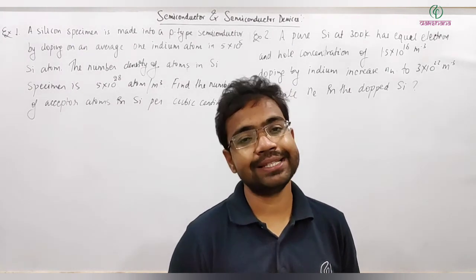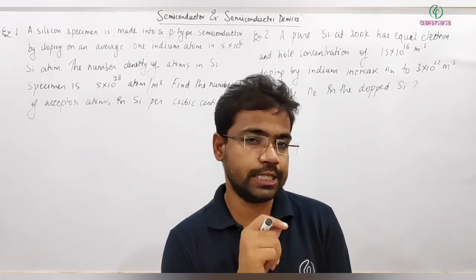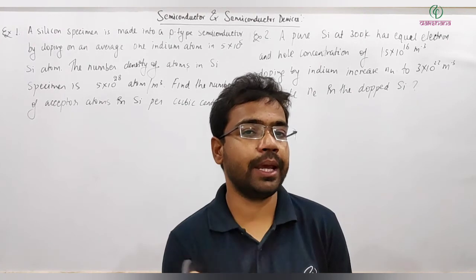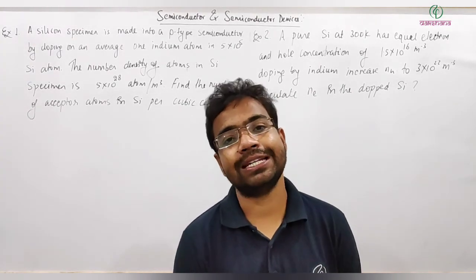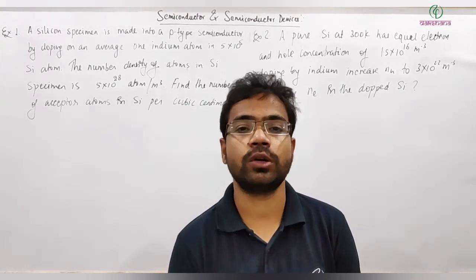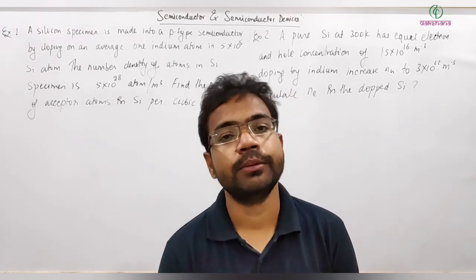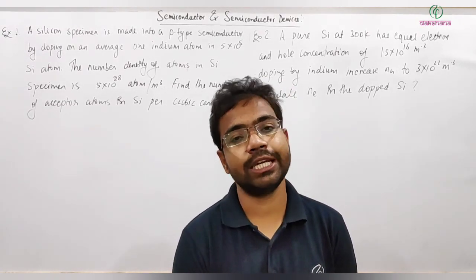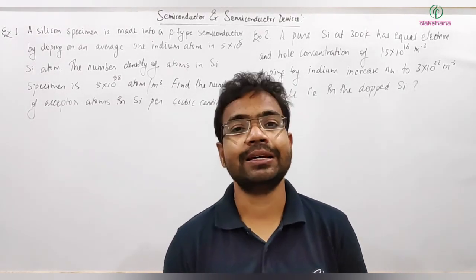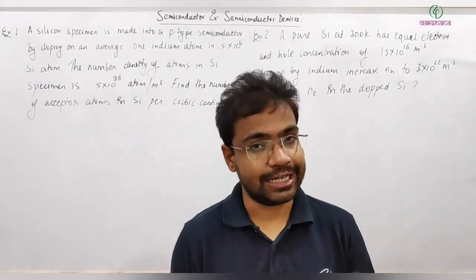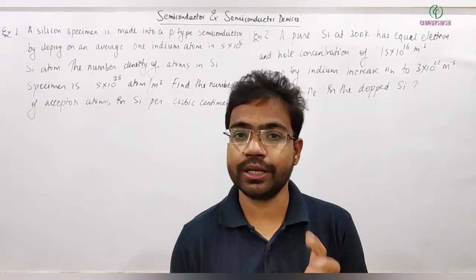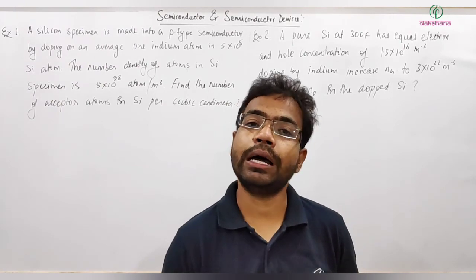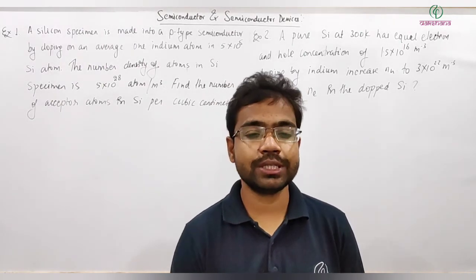But when we add some doping, in that situation this number density gets imbalanced. In the case of n-type, the number density of electrons, the charge carriers, will be much higher compared to holes. In the case of p-type semiconductor, the number density of holes will be much greater compared to electron charge carriers.